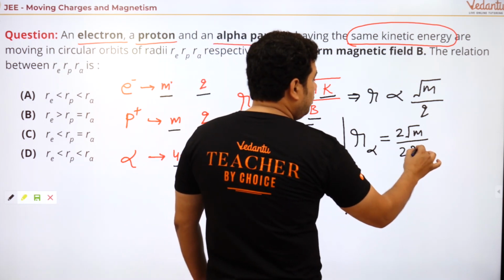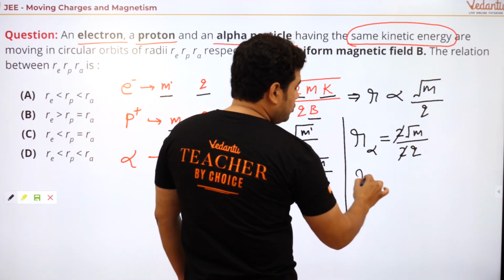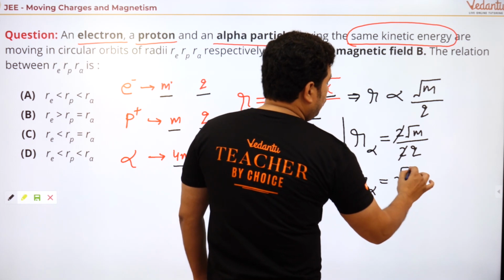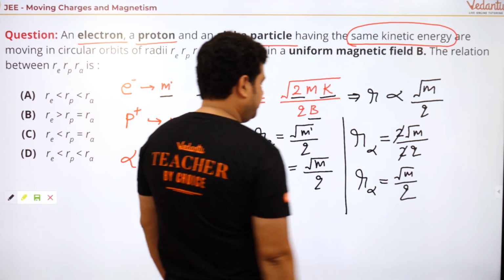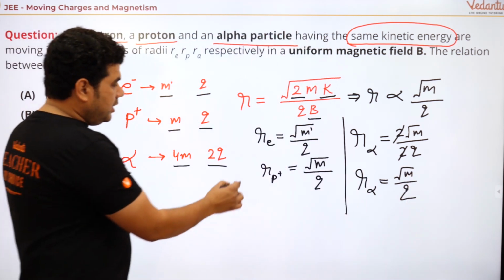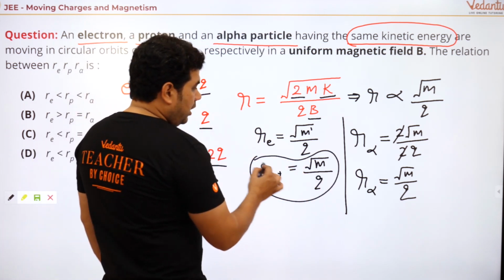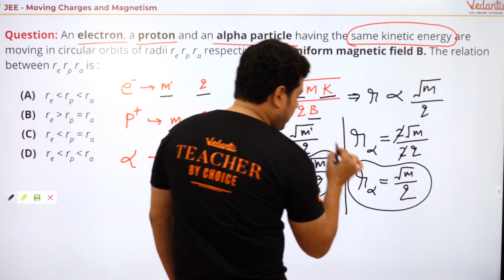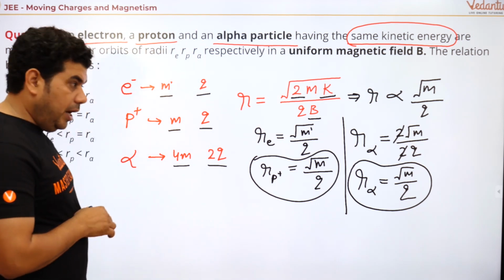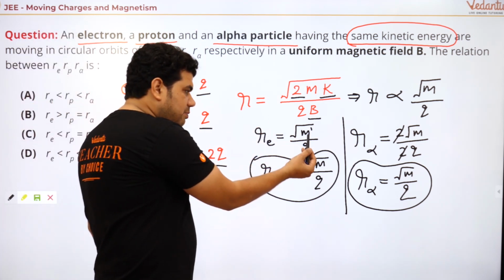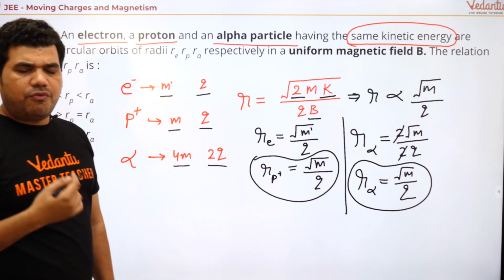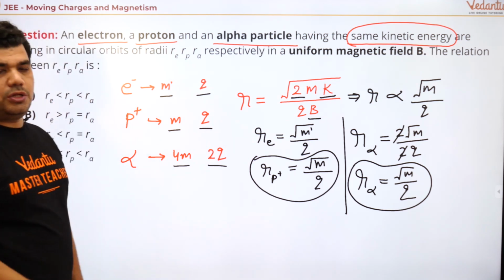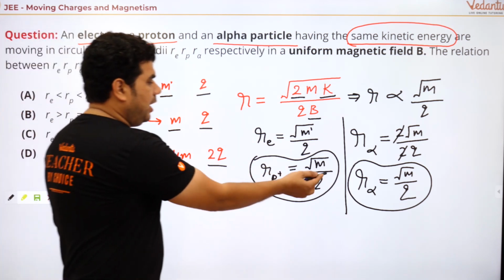When you put 2q here, the 2 cancels out, and r alpha you will get root m by q. So the radius of the proton and the radius of the alpha particle are the same, and due to very small mass, the radius of the electron is very small compared to rp and r alpha.